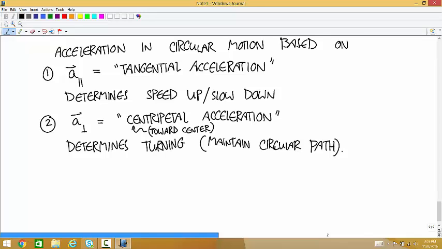And there's one more thing that's going to be super useful: if this object is moving in a circular path, the magnitude of this acceleration is always equal to the speed squared divided by the radius. So v is the speed, r is the radius of the circle. And this always points, like the word centripetal suggests, directly toward the center of the circle.